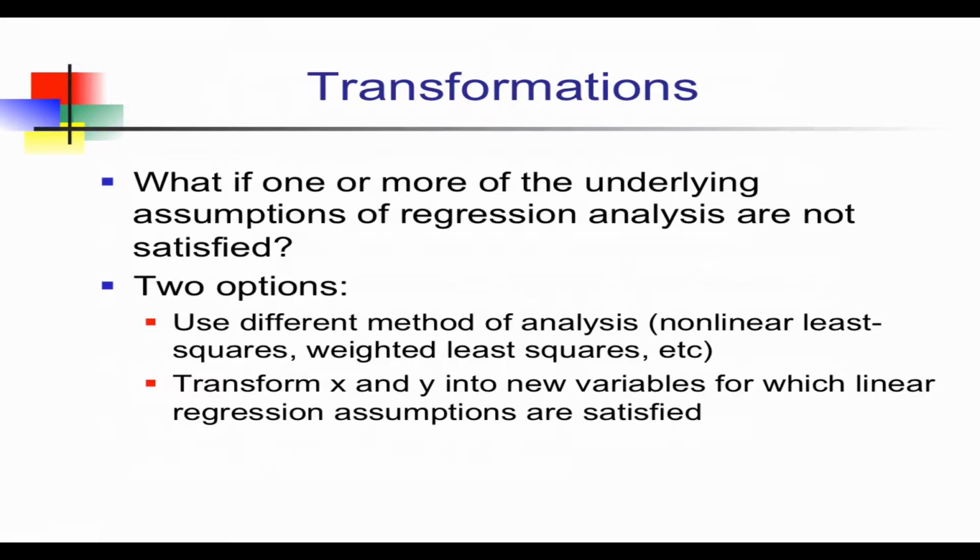So for example, when you do a lot of mRNA data, especially from microarray, log transformation of the expression is quite often used when you model the gene expression relationship with other covariates.